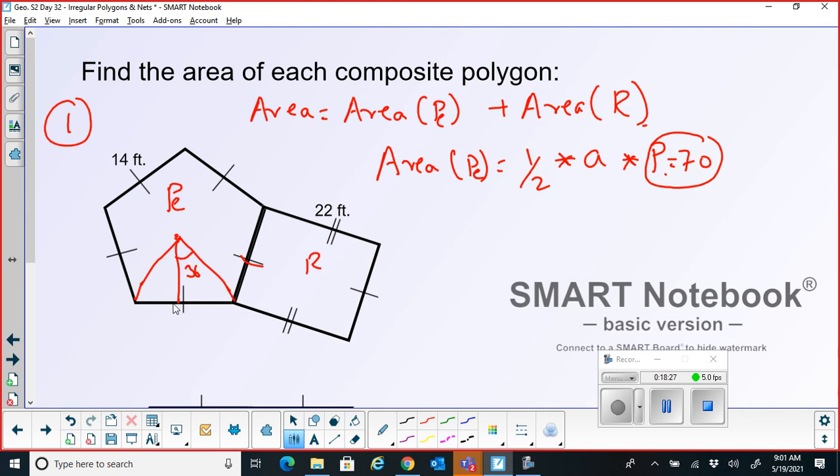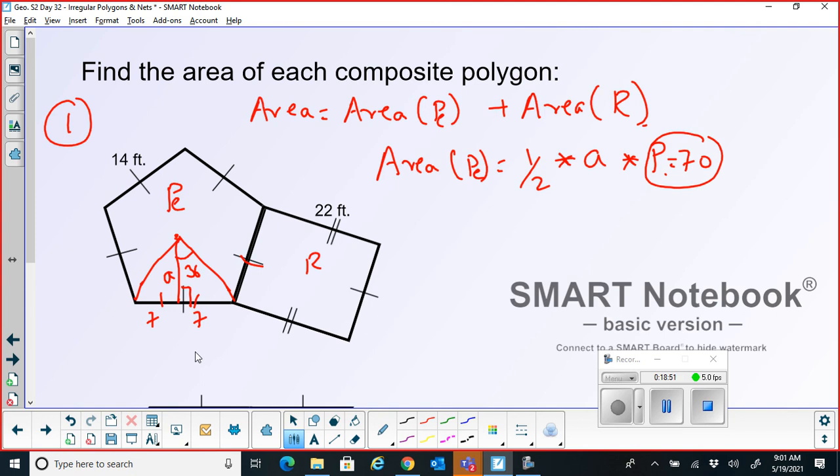I know this whole side was 14, and this is a perpendicular bisector, so this is going to be 7 feet, because all of them are 14, so this is 7 and 7. We can use a trig ratio to find this apothem, which is A. With reference to 36 degrees, this is opposite and this is adjacent.